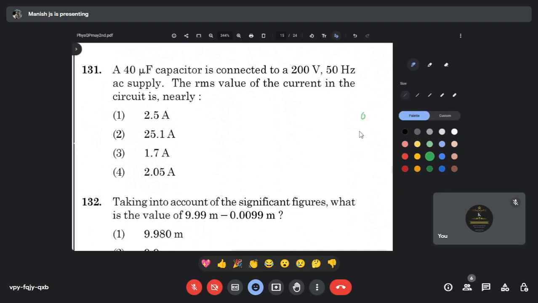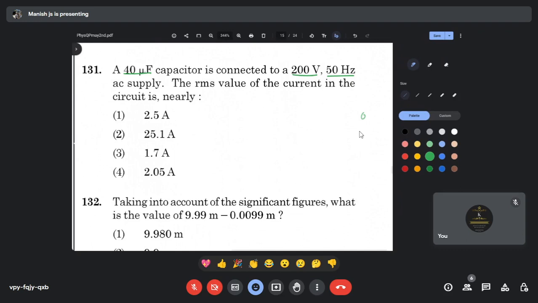The RMS value of the current in the circuit is nearly: option 1, 2.5 ampere; option 2, 25.1 ampere; option 3, 1.7 ampere; option 4, 2.05 ampere. Here they have given the capacitor value 40 microfarad, the source voltage 200 volts, and frequency 50 hertz, AC supply. They are asking for the RMS value; I RMS is what we have to find out.